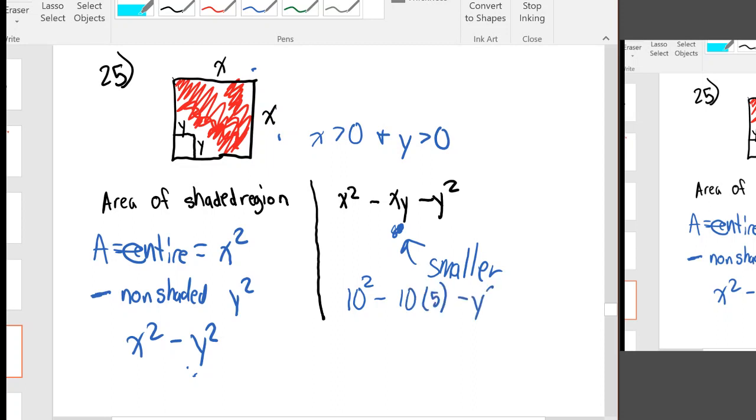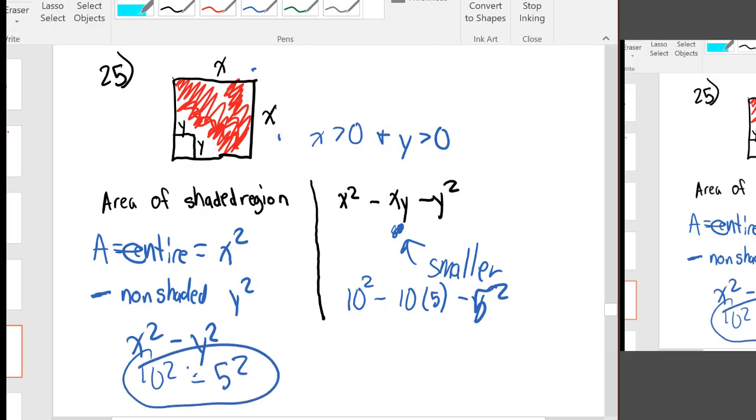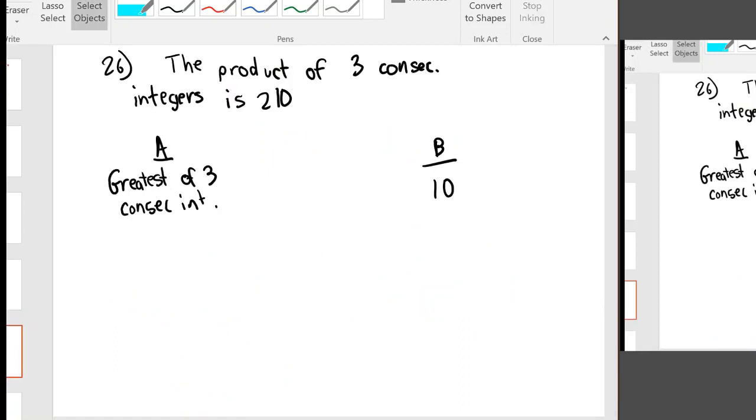So 10 squared minus 10 times 5 minus 5 squared, versus just 10 squared minus 5 squared. This is clearly going to be the larger number, right? So that's how you would go about that. Now, the 10 and the 5 were just examples. I chose those numbers out of thin air just because I wanted to prove a point. And you can do that when it benefits you with these types of questions.